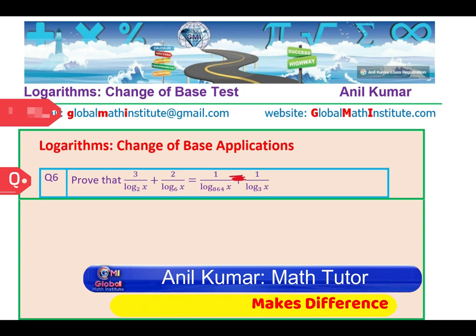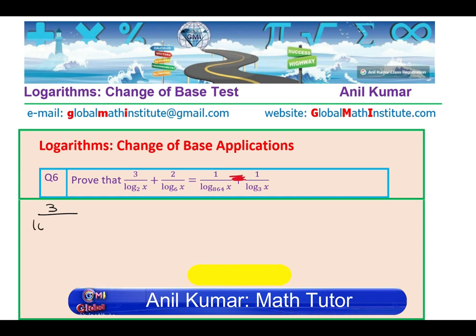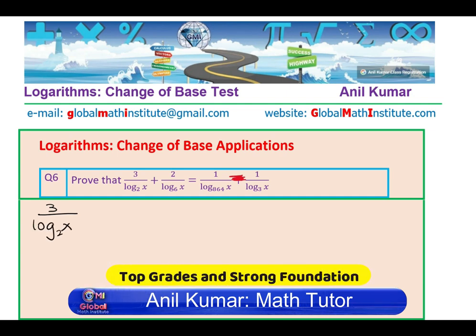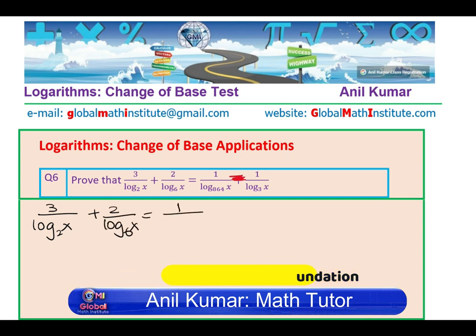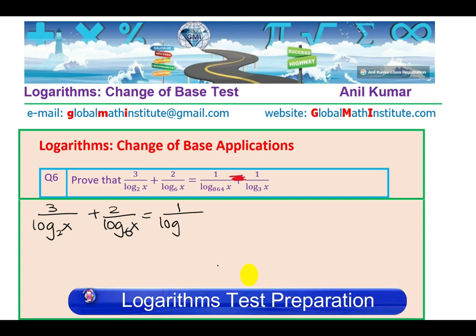So let me rewrite this question. You need to prove that 3 over log to the base 2x plus 2 over log to the base 6x is equal to 1 over log to the base 864x minus 1 over log to the base 3x.